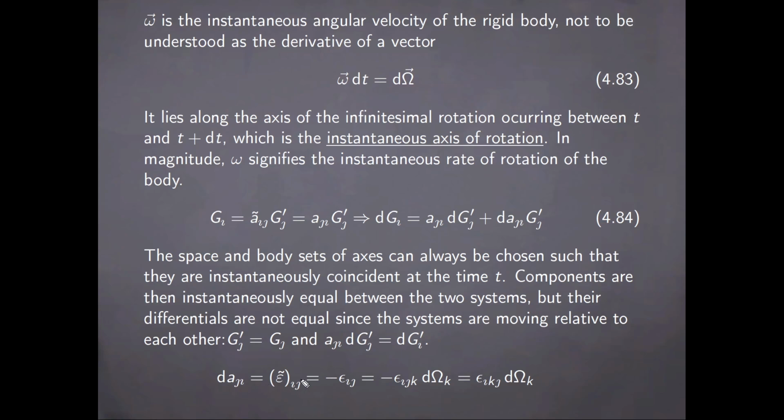And as we have seen, this matrix is antisymmetrical, so these transposed elements are simply the ones given here, and then these follow from the definition which we gave to the antisymmetric matrix epsilon in terms of the components of the vector d omega. So this is straightforward from the definition of the matrix in terms of these components in the Levi-Civita tensor.